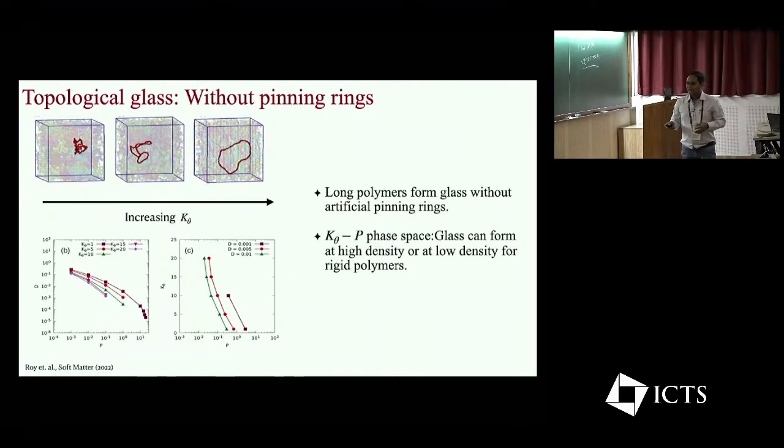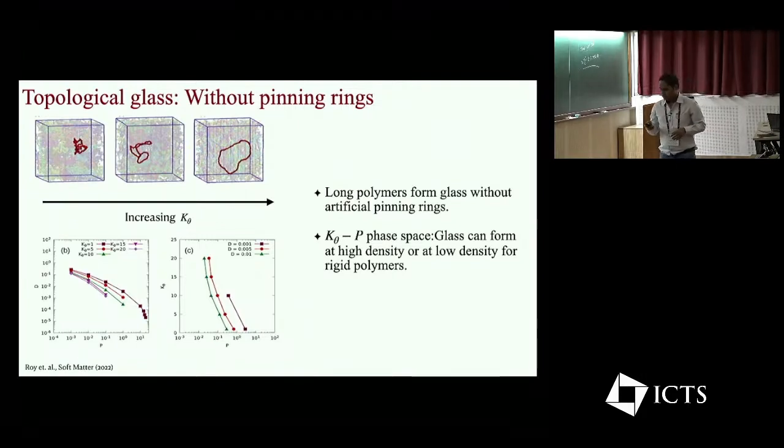You can also increase the pressure of the system and observe a reduction in the diffusivity of the rings. So if you play with k theta and the pressure, at some level you can get a glass.